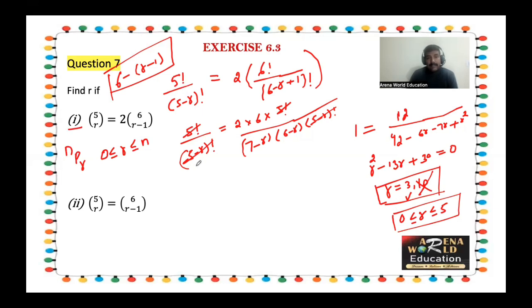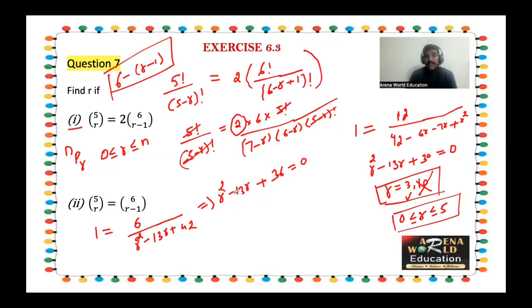So if we solve this one, on left hand side we are left with 1, and on right hand side, if I'm not multiplying this with 2, we are left with 6 divided by, yes, here it was r square minus 13r plus 42, or you can write it as r square minus 13r plus 42 minus 6, it will be 36, right?